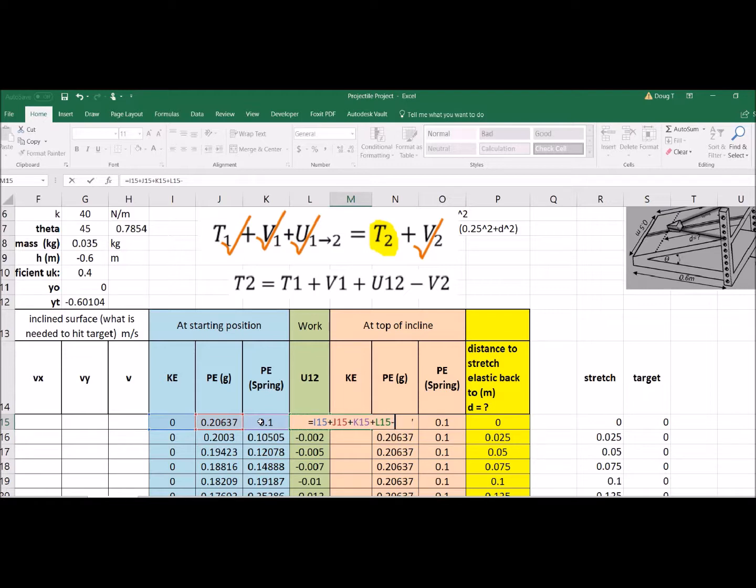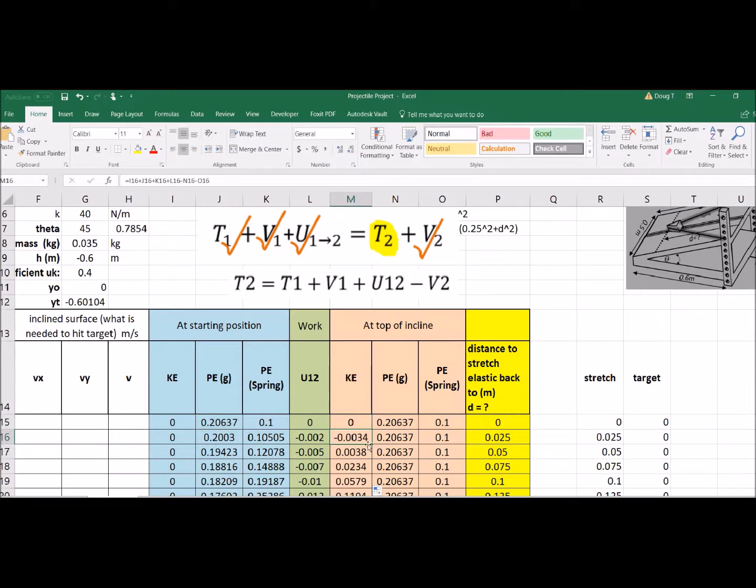And then we're going to subtract off. You can just use your arrow keys to grab those cells if it's giving you trouble, or you can type in the cells. So this is just finding the kinetic energy at the top. That gives us the velocity at the top, and we can use our constant acceleration projectile motion equations to then solve for where the target is. Okay, so here's our kinetic energy at the top.